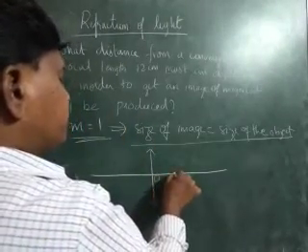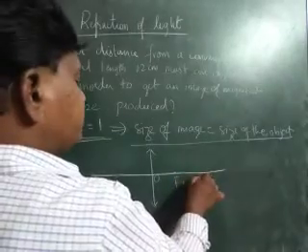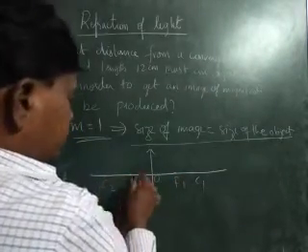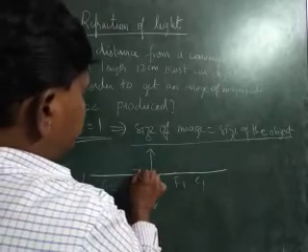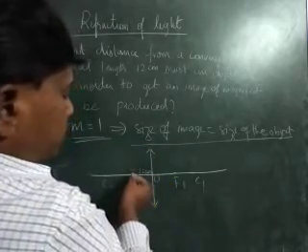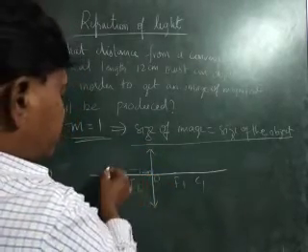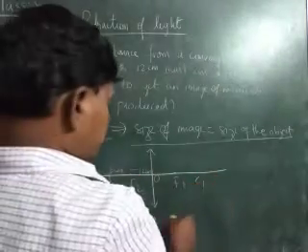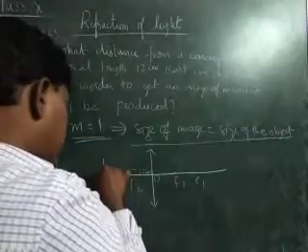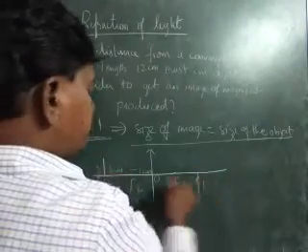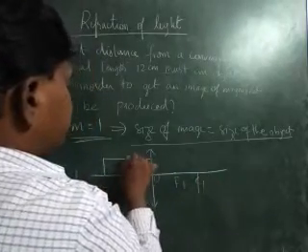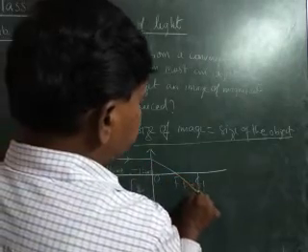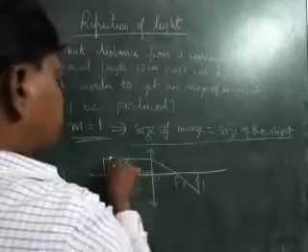Here optic center, F1, C1, F2, C2. Here what is the focal length, children? 12 centimeter. If it is 12 centimeter, from here to here also will be 12 centimeter. To get the image of the same size, the object should be placed at the center of curvature. Here we get the center of curvature like this.